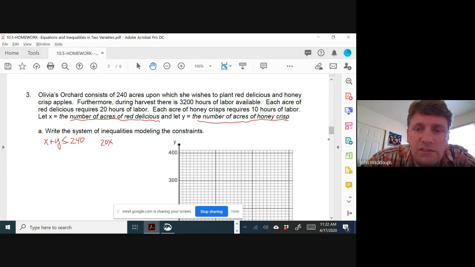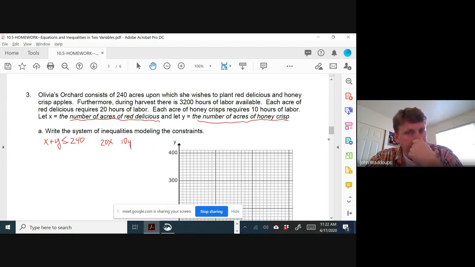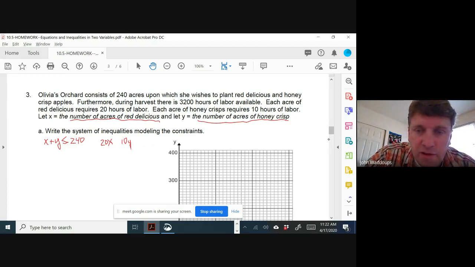And 10 hours for each acre of Honeycrisp. So 10 times y is the total amount of labor spent harvesting the Honeycrisp.